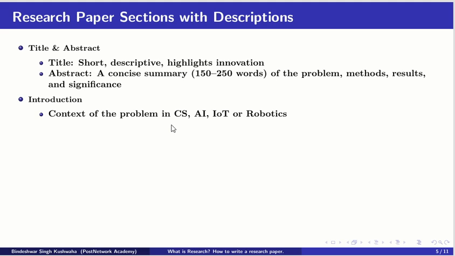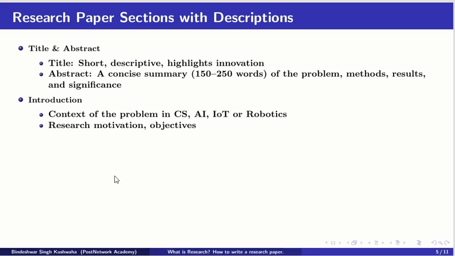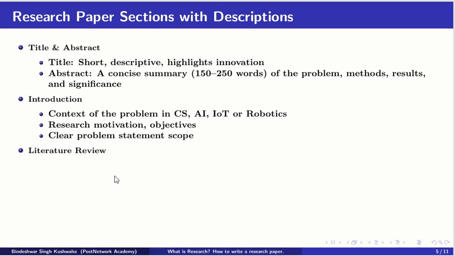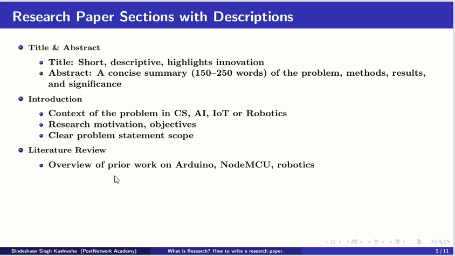Introduction: the context of the problem in computer science or AI or IoT or robotics, research motivation and objectives, a clear problem statement and scope. Literature review: an overview of prior work.